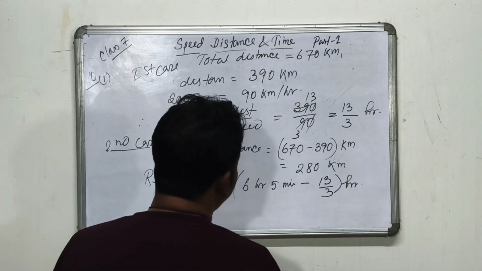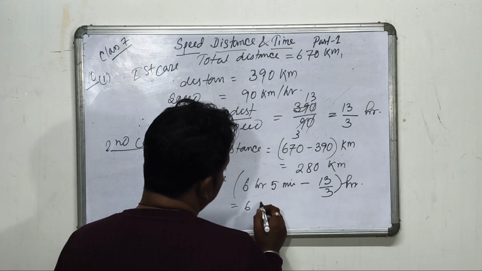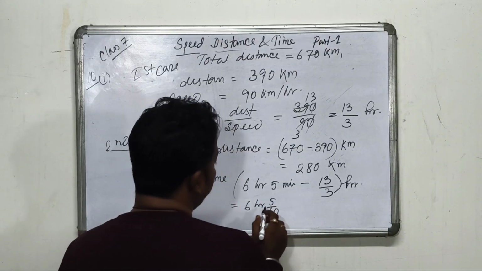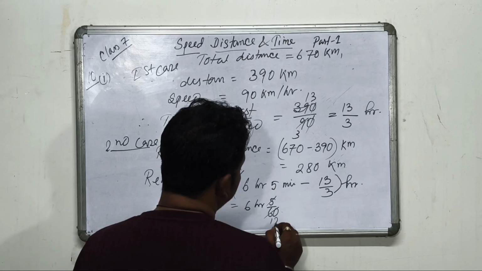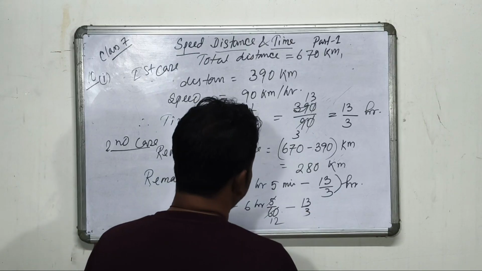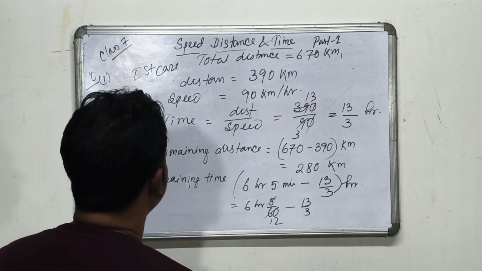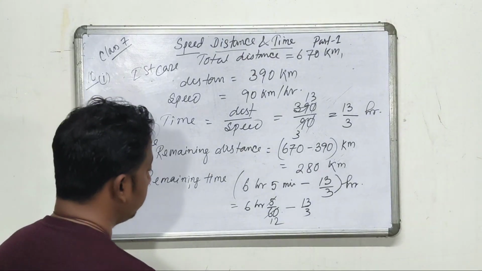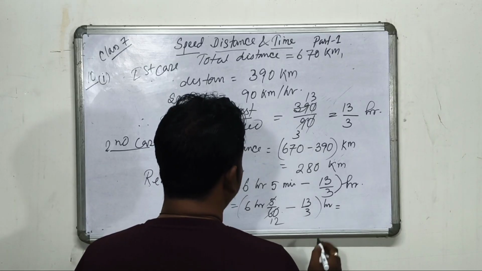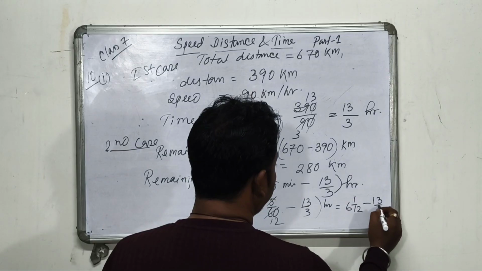So now convert this minute into hour, that is 6 hours and 5 by 60, so write 6 1 by 12 minus 13 by 3.